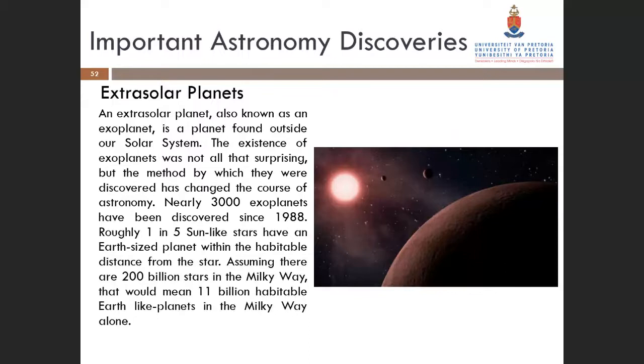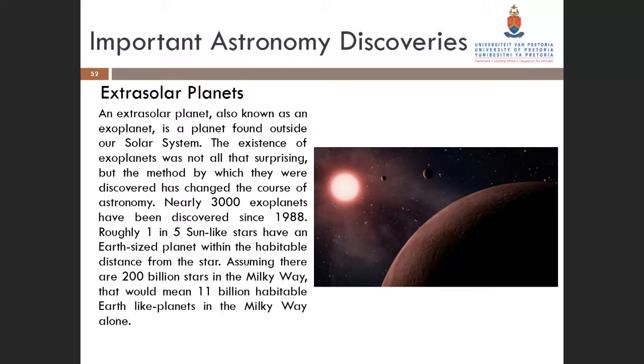So another big important discovery are extrasolar planets. So an extrasolar planet, also known as an exoplanet, is a planet found outside our solar system. The existence of exoplanets was not all that surprising, but the method by which they were discovered has changed the course of astronomy.